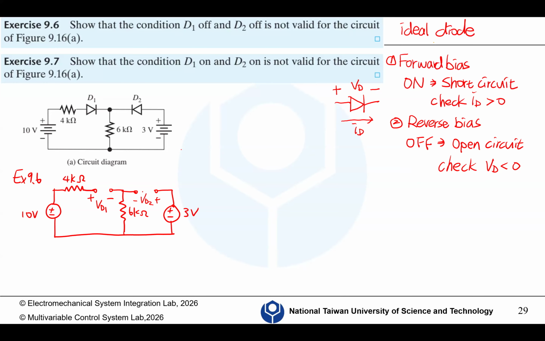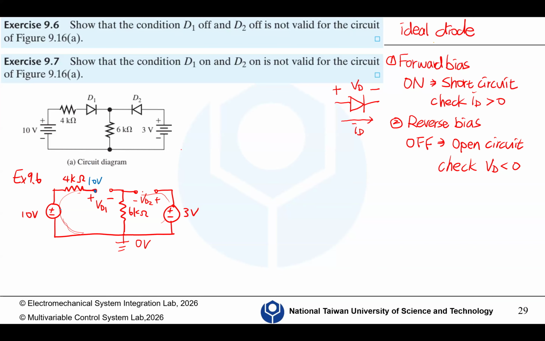What we can do here is connect to a ground. Suppose this is 0 volts, and because these two loops are not closed loops, there's no current. For example, there's no current flowing into this 4K ohm resistor. I use a different color. Here at this point it should be 10 volts, right?